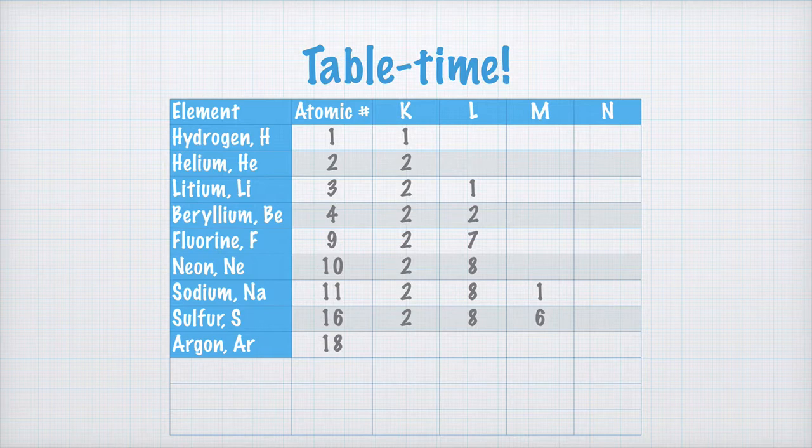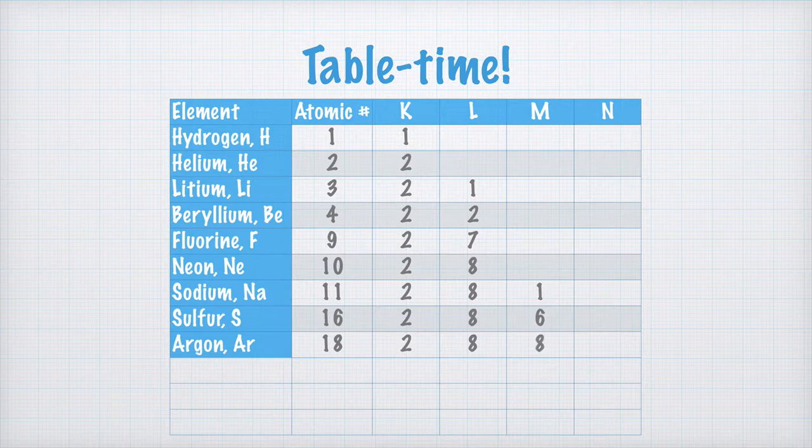Then, of course, you know how many protons there are and how many electrons there are to be distributed. That's right, there are 18 protons and 18 electrons. 2 in the K shell, which is then full, 8 in the L shell, which is then also full. Now, we have placed 10 out of 18 electrons, and the 8 that remain we place in the M shell.